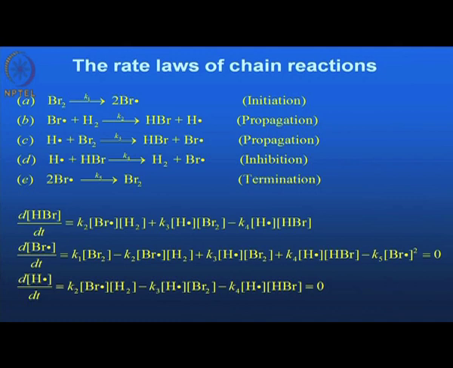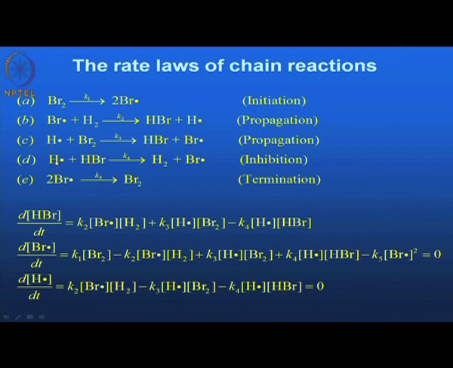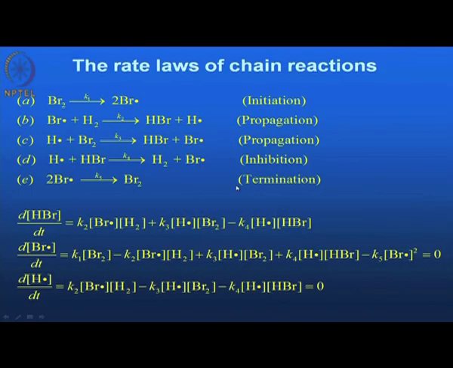So, when HBr concentration increases, overall production of HBr is also reduced, because this HBr is again used up to produce H2 and Br dot. So, this is some kind of back step of this reaction, backward reaction. Okay. So, that is why it is called the inhibition. It is acting as a kind of inhibition to the forward process. Okay. And this is the termination step.